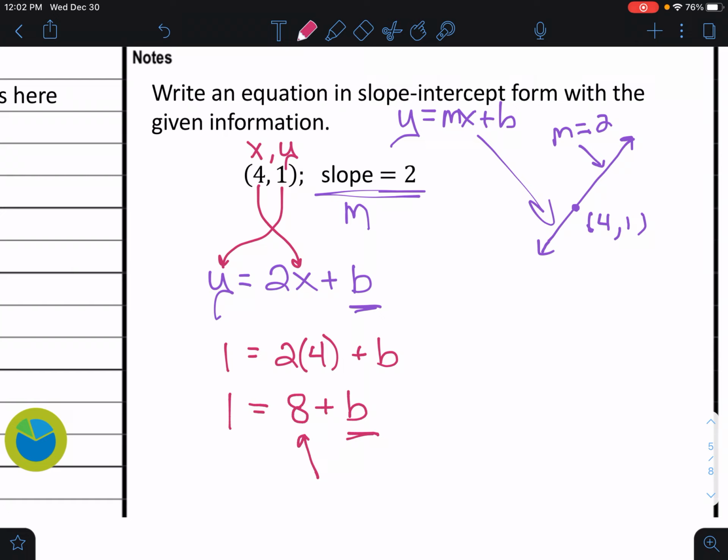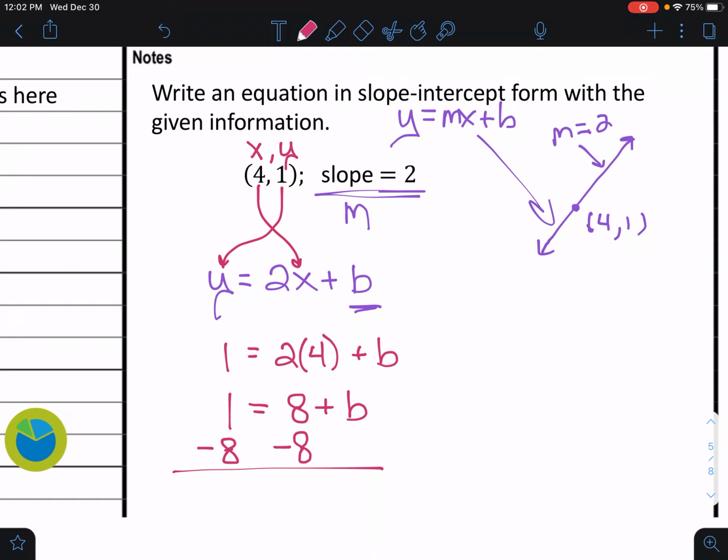Remember, we do the opposite. So this is a positive 8, so that means we're going to do the opposite, and we're going to subtract 8. But I can only do that if I keep it balanced on both sides of the equation. So on the other side of the equal sign, I'm going to have to also subtract 8. Now, I can go from here, and I'll have what b is.